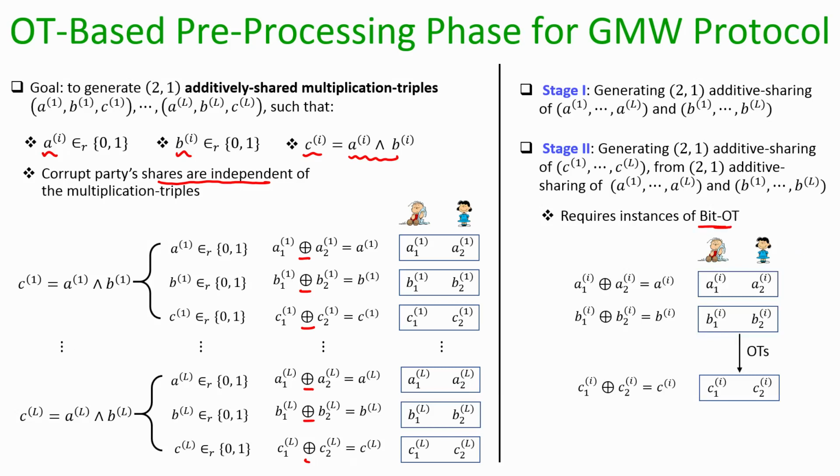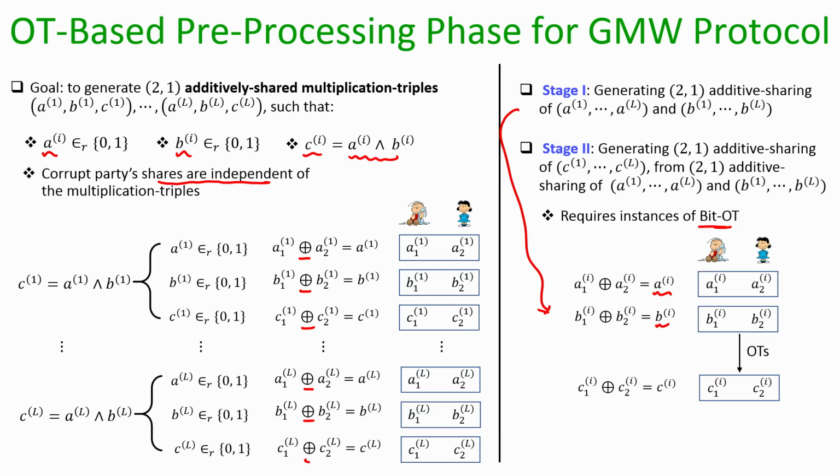Namely, if I take the ith multiplication triple, then in stage 1 we have generated this data structure, namely we have generated a secret shared bit Ai, a secret shared bit Bi with none of the parties knowing the exact value of the bits Ai and Bi.